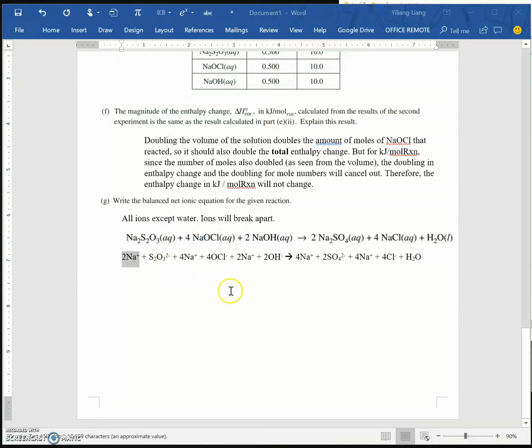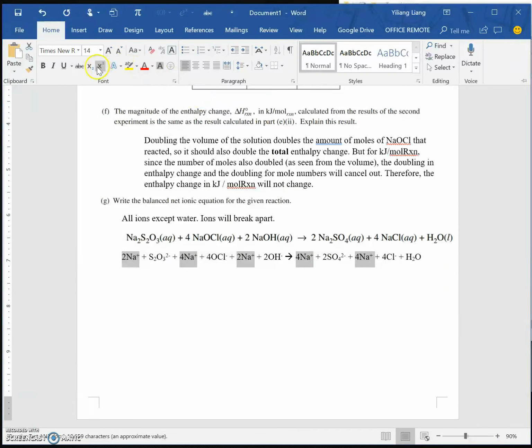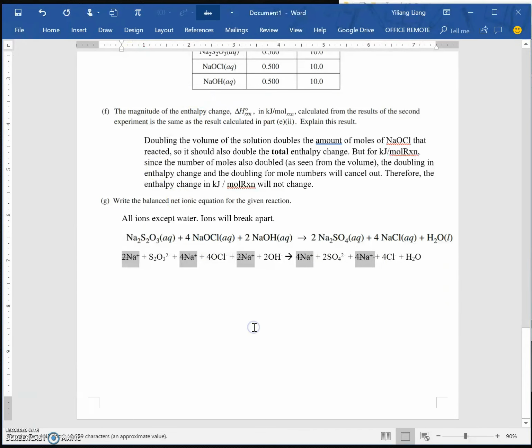The 2 Na plus and 4 Na plus and 2 Na plus here will add up to 8 Na plus. And we have 4 Na plus and 4 Na plus here. So these are spectator ions that will be removed. So I'm going to cancel this out.